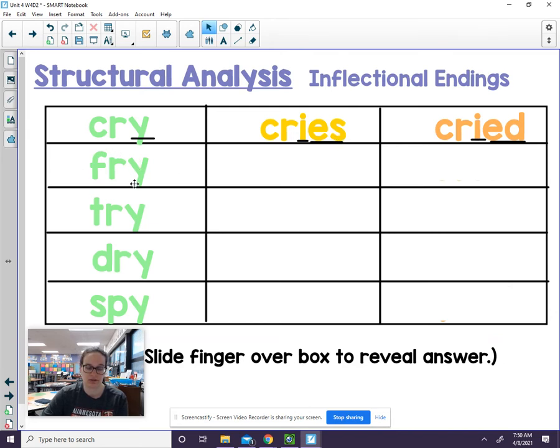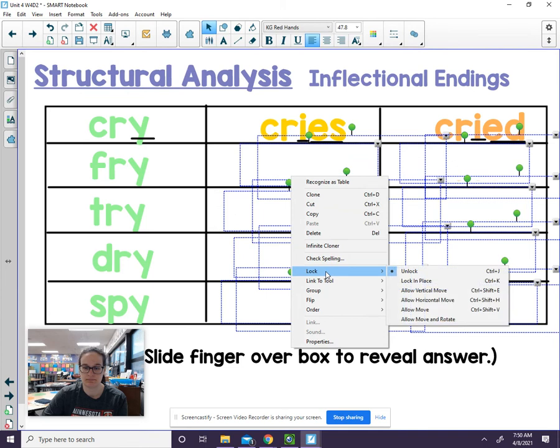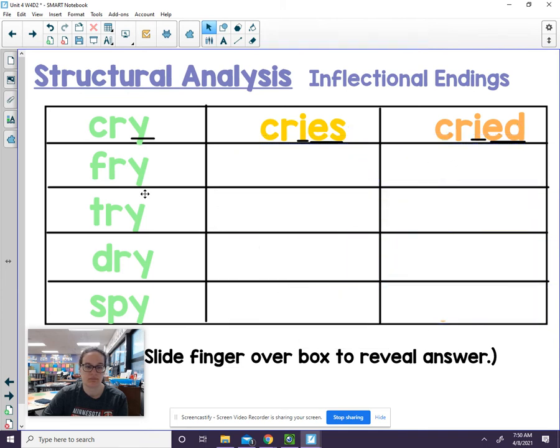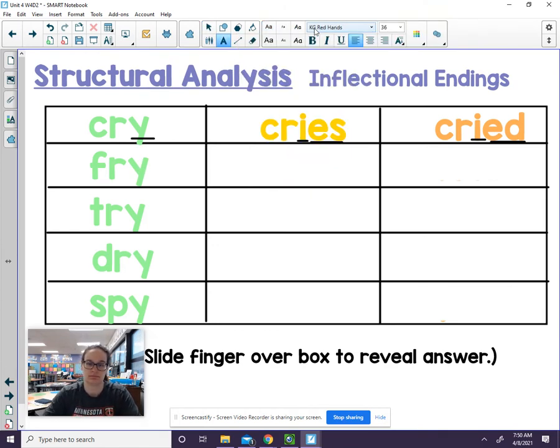Okay, let's take a look at this first example here. So we have fry. So for fry, we're going to change this Y to an I. So F-R-I, and then we can add the E-S.